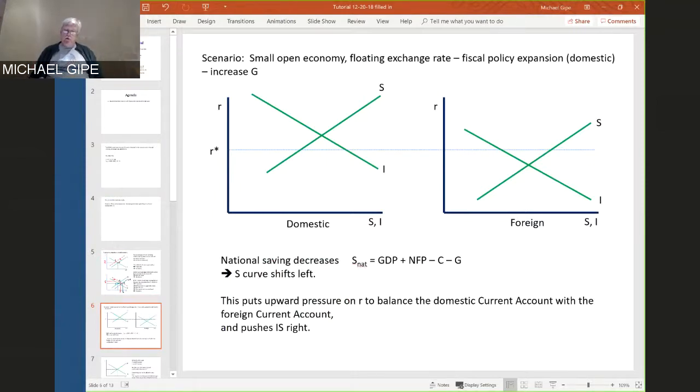And I think a very key point to understand is that in an open economy with floating exchange rates, the financial markets react very quickly.